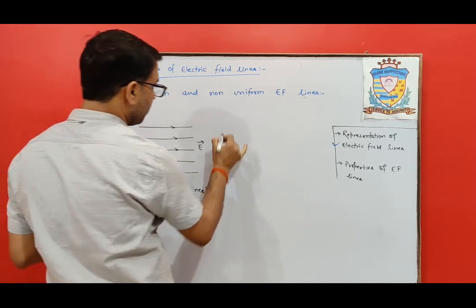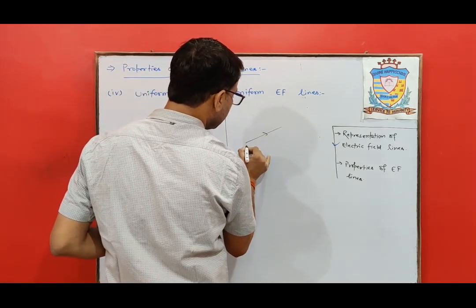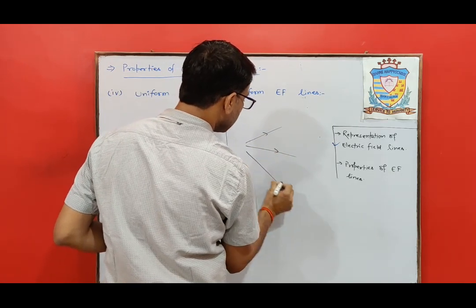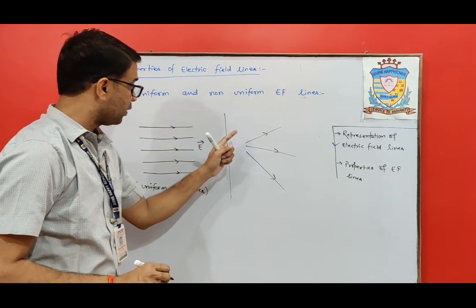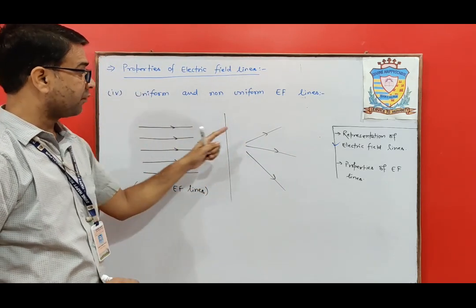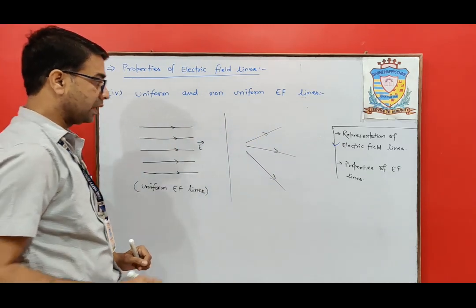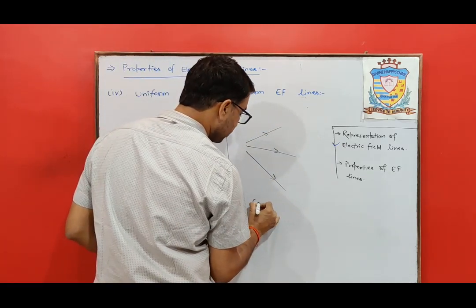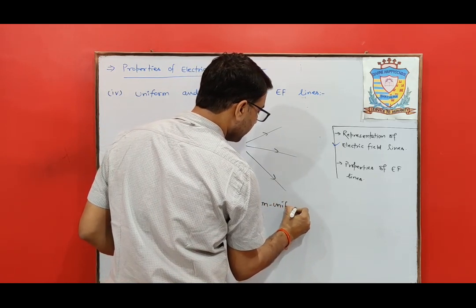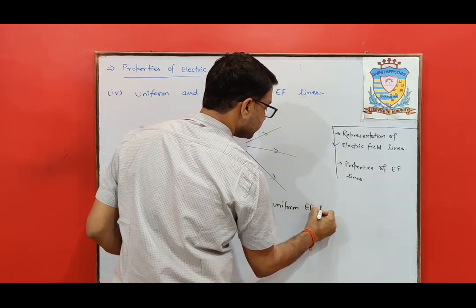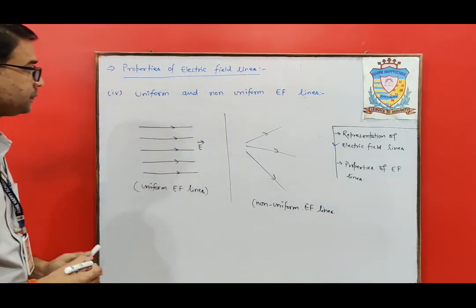But if all electric field lines are distributed like this, meaning they are not at a fixed distance and the distances between them are different, this is known as non-uniform electric field lines.